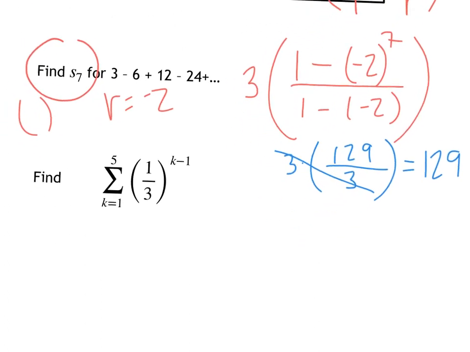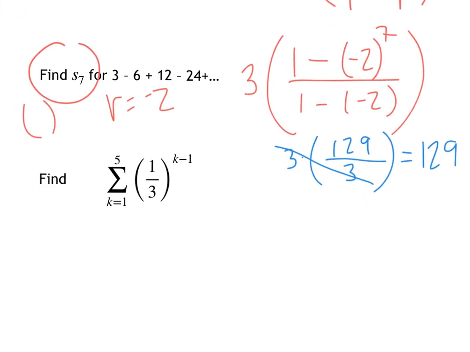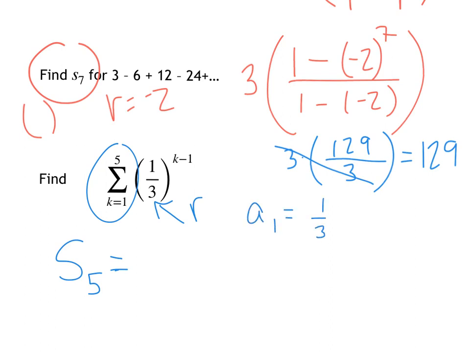And our last problem of the day, remember, if it's written with a sigma, we are really adding up 5 terms. The number in parentheses is r. And to get A1, I'm going to put a 1 in for k.